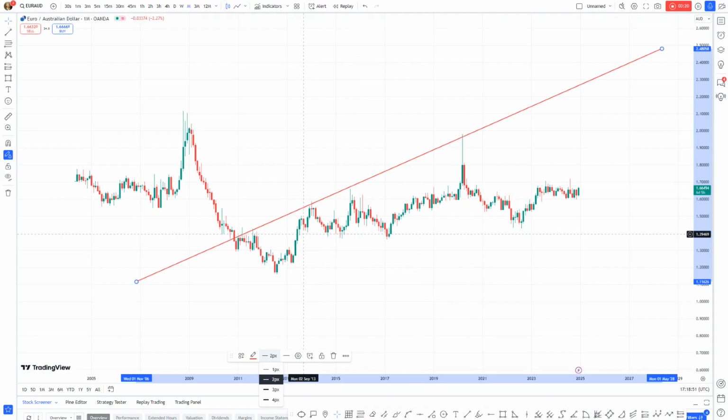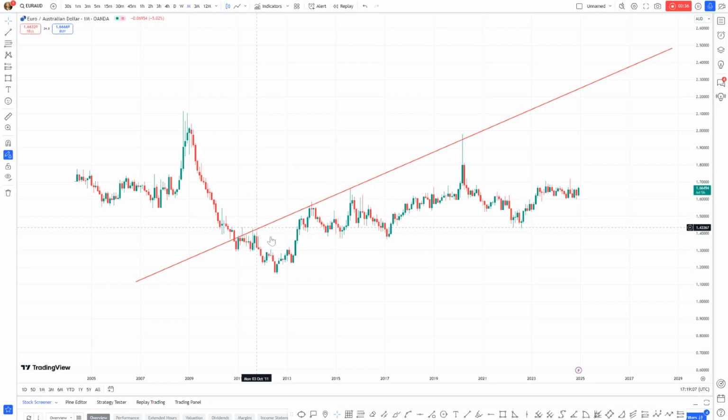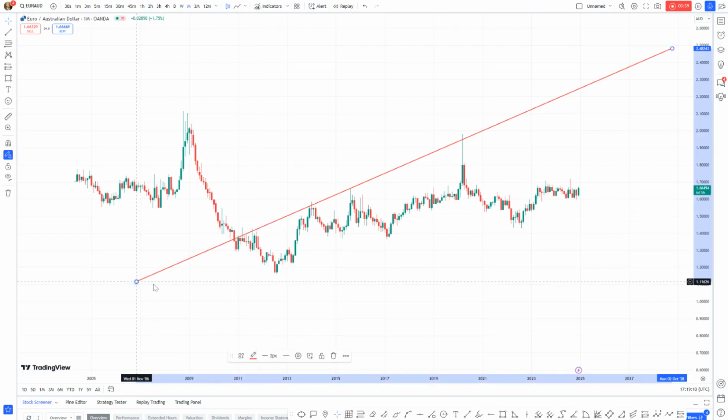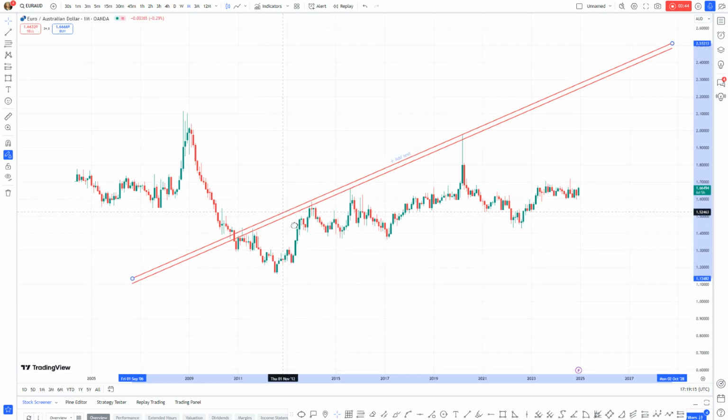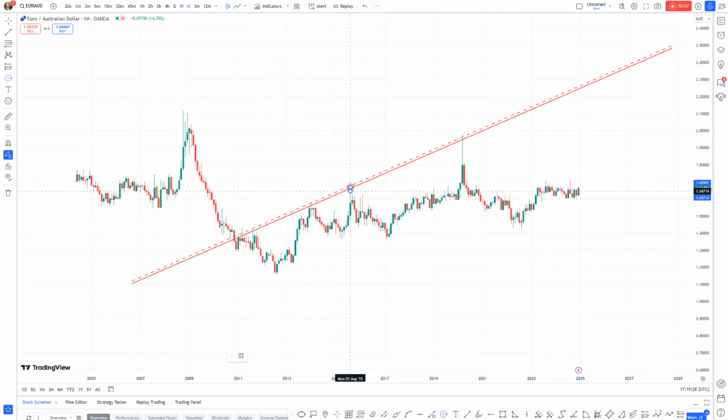Let's see what we have at that level. We have here an ascending trend line. Price touched here, supply roof.